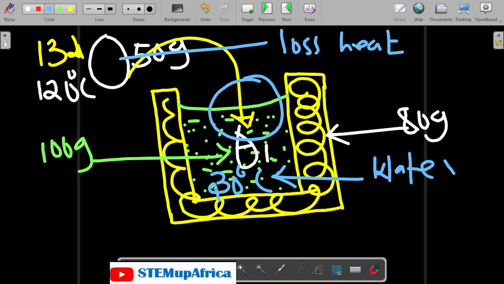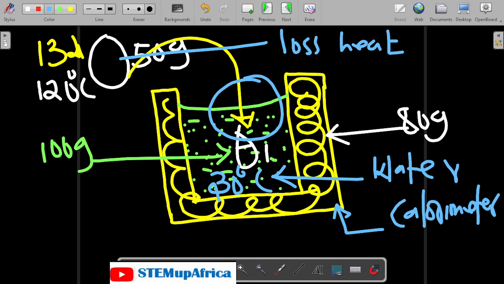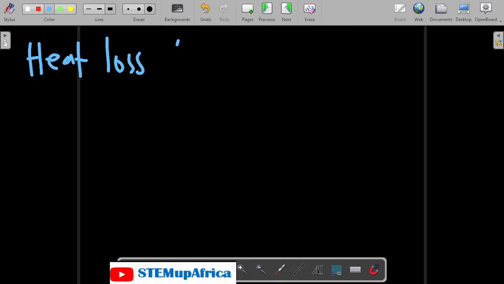You also notice that with time, the calorimeter will also gain heat. You will notice that the body will be hot with time. So what are we going to get from here? I will say heat loss by copper.